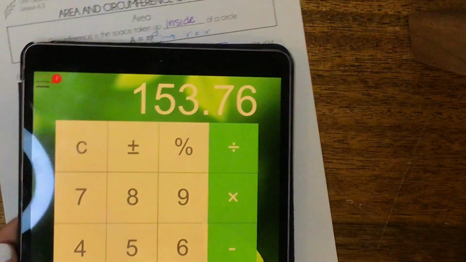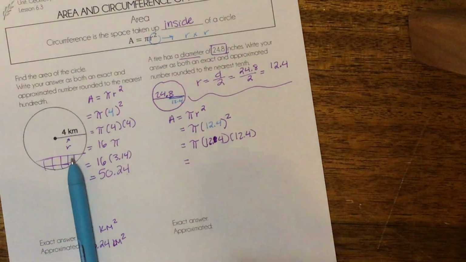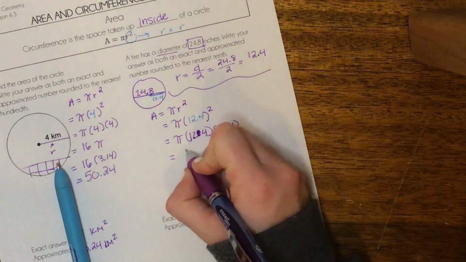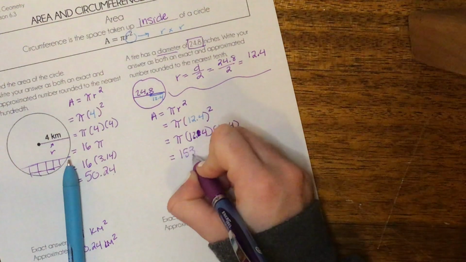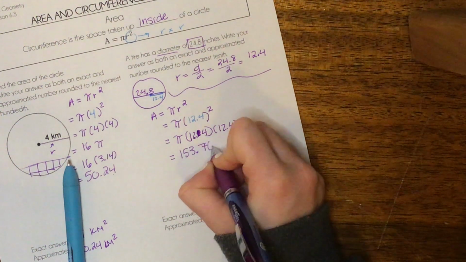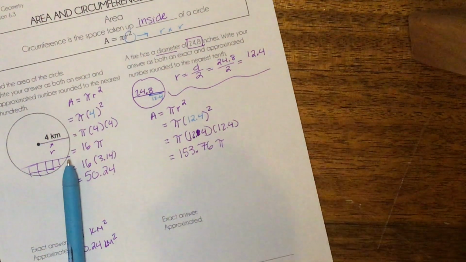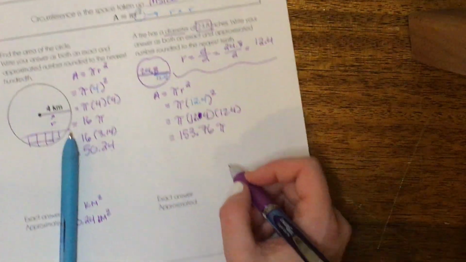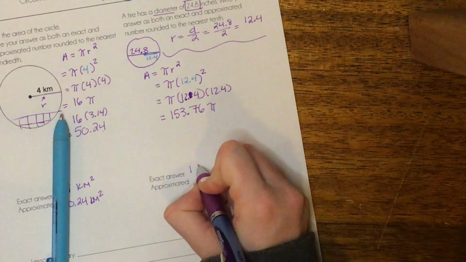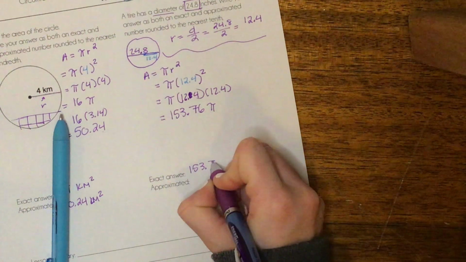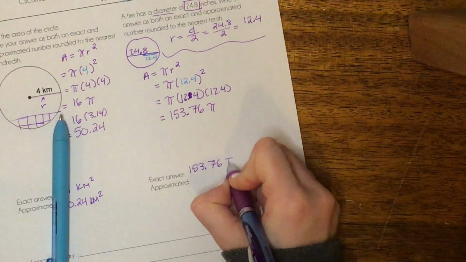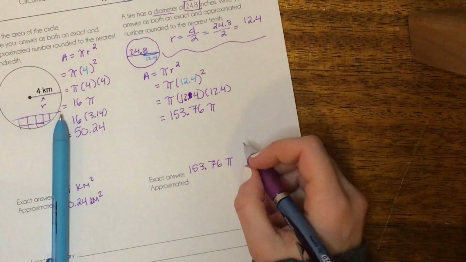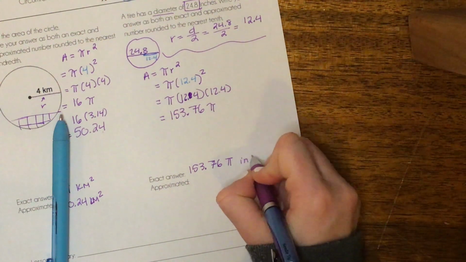It's 153.76, still times pi. And that would be my exact answer. We're talking about inches, so square inches.